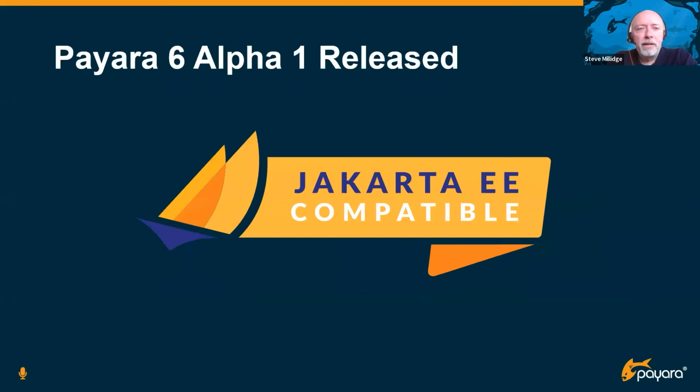As I said, Payara 6 Alpha 1 came out in 2021. That is Jakarta EE compatible with 9.1. And it was the very start of our journey to the new namespace. As everyone possibly knows by now, when Jakarta EE moved from 8 to 9, it had to change the namespace of all the APIs to the Jakarta namespace from the javax namespace.